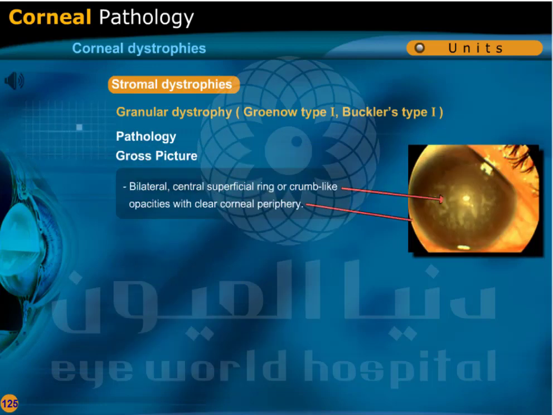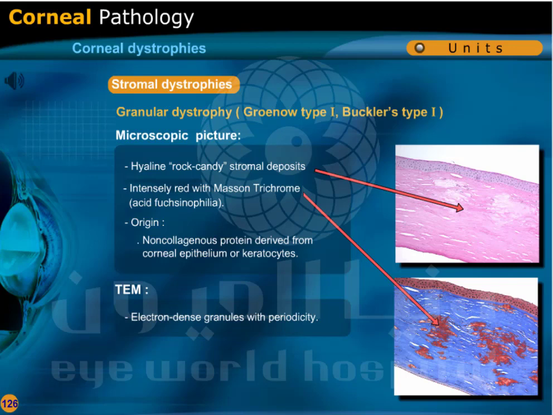There are bilateral central superficial ring or crumb-like opacities with clear corneal periphery. Microscopically, there are hyaline rock candy stromal deposits that are intensely red with Masson trichrome. The origin is non-collagenous protein derived from corneal epithelium or keratocytes. By TEM, electron-dense granules with periodicity appear.